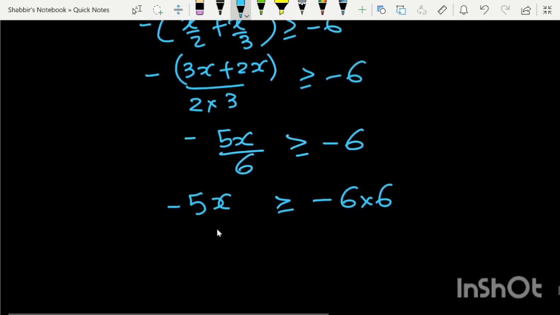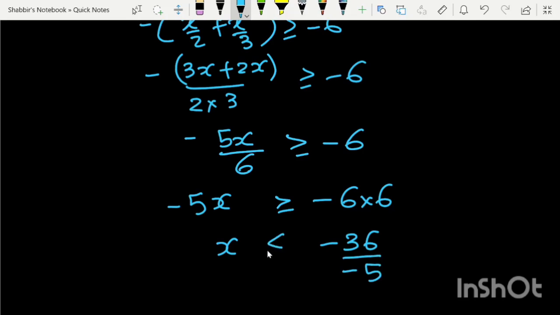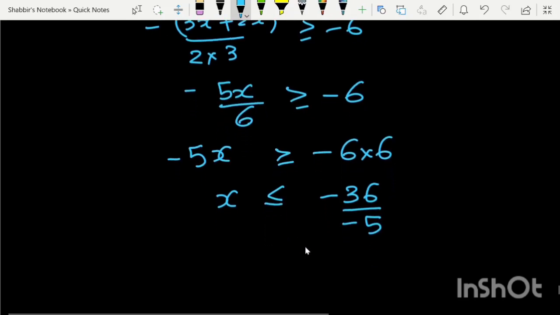Now if you cross multiply minus 5, which is minus 36 by minus 5, the sign would be reversed. It becomes less than equal to, guys. Okay, so this becomes x less than equal to minus 36 by 5.